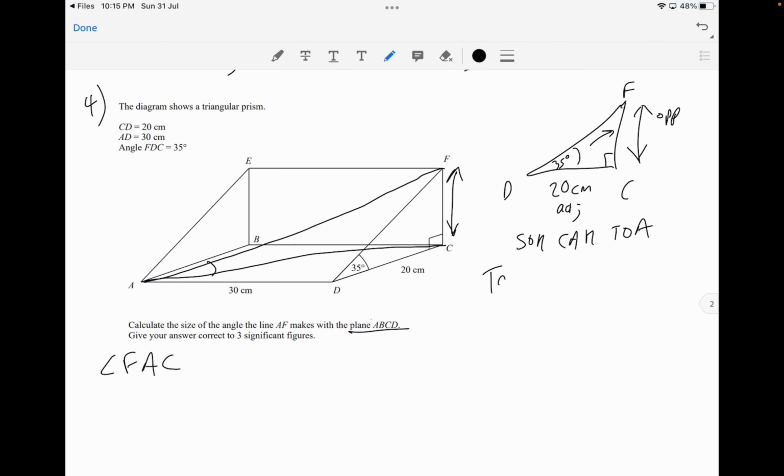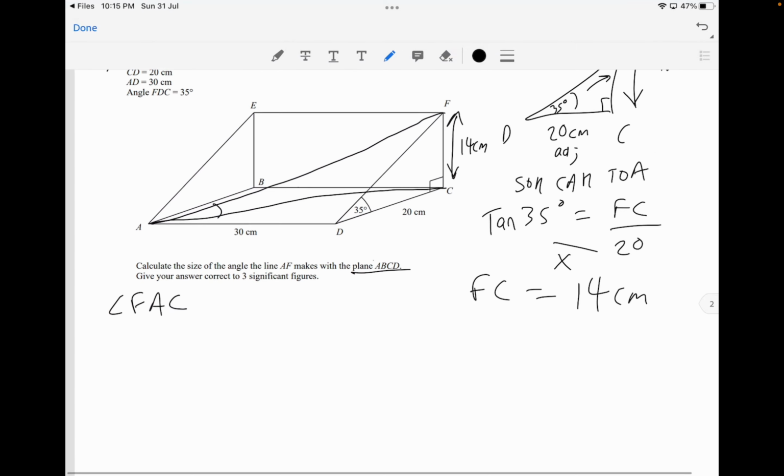So tan theta, in this case tan 35 degrees, is equal to the opposite FC divided by the adjacent 20 centimeters. Multiplying together, FC is going to be tan 35 times 20. Remember guys, it's very critical that you understand this. So FC is about 14 centimeters.